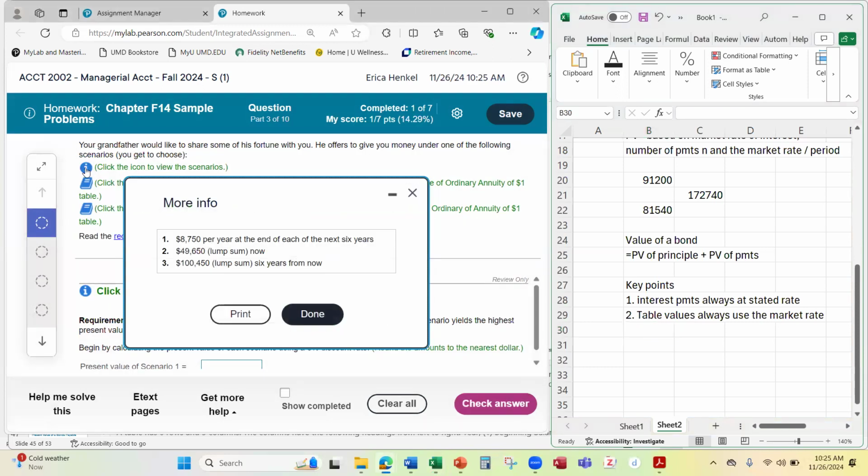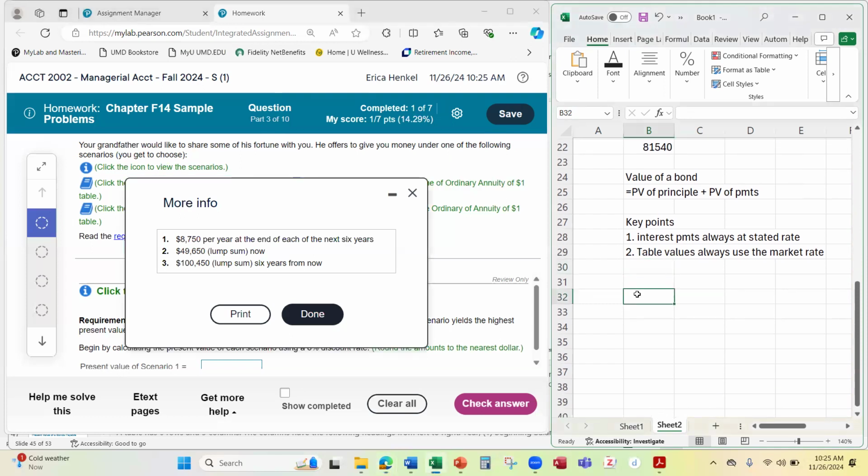So we've got a couple different scenarios here. $87.50 per year at the end of the next 6 years, $49,650 in a lump sum now, or $100,450 in a lump sum 6 years from now. So how can we get these all to an apples to apples comparison to figure out which one is the best value for us?